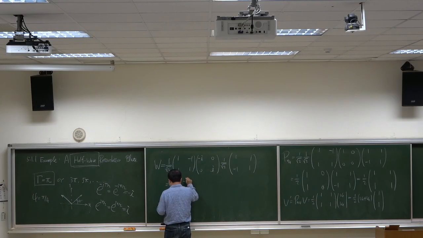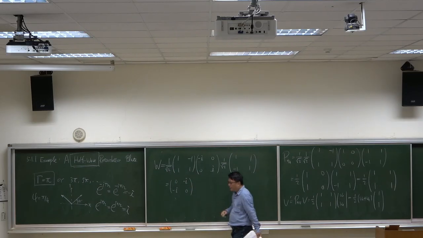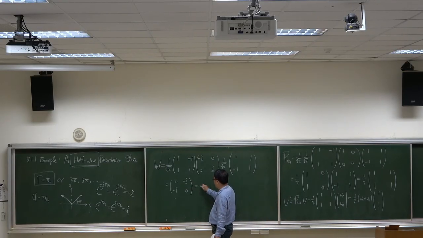The matrix is 0, minus i, minus i, 0. You can see that here we can factor out the minus i and get the matrix 0, 1, 1, 0.